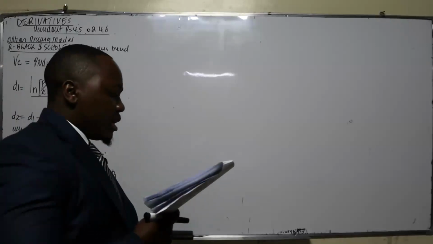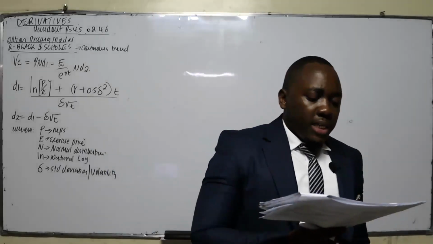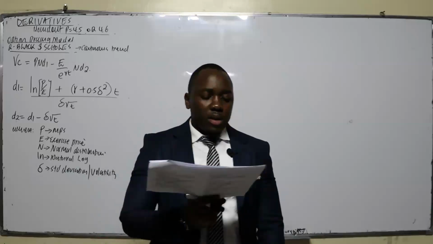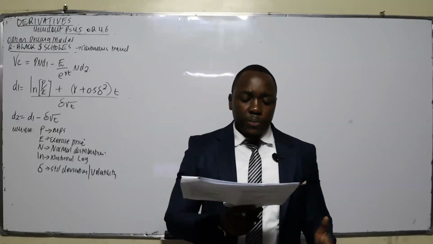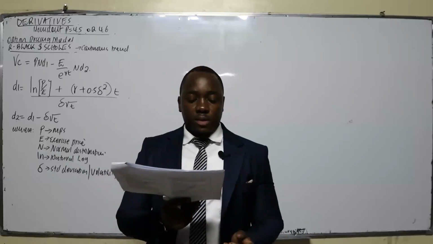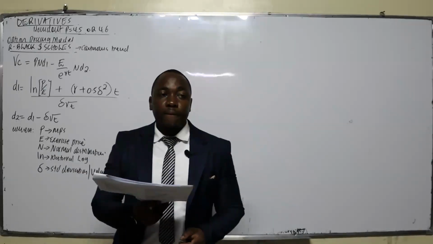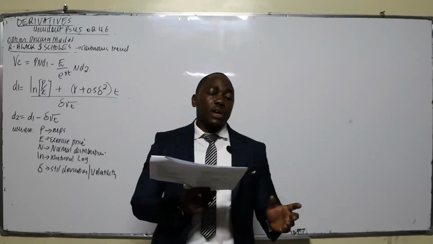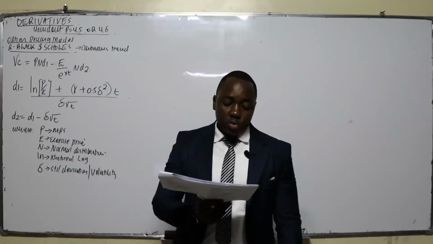Now this model is used to derive the fair value of the call option. It is used where the share price at the end of the expiry period can take a continuous value rather than just two values. The model is based on the following assumptions. Remember, most of the assumptions are the limitations. One is that the rate of return on the share follows a normal distribution.